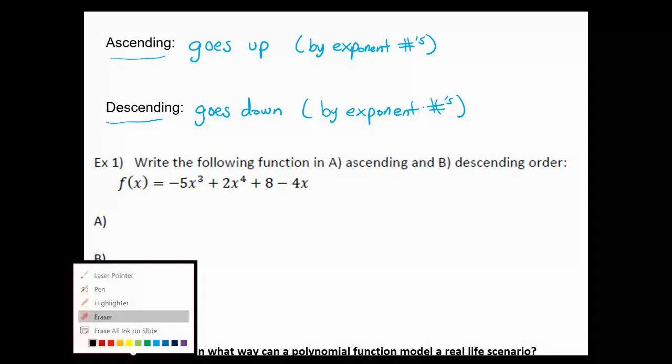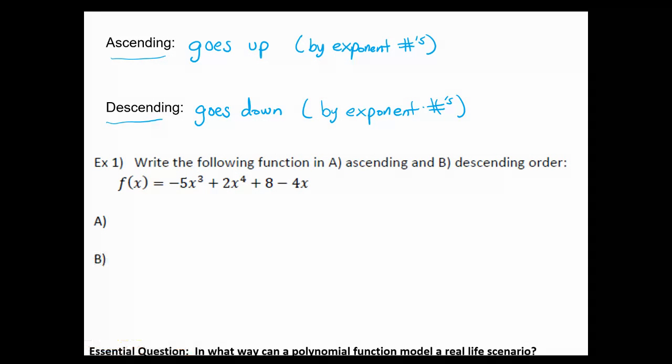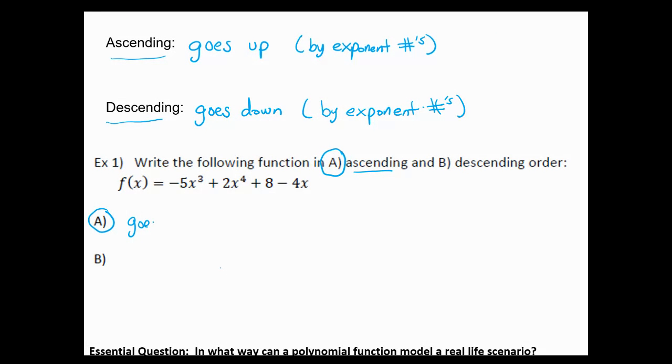All righty. So this says write the following function first in ascending order. So for A, we need to do this in ascending order. It goes up by little exponent numbers.